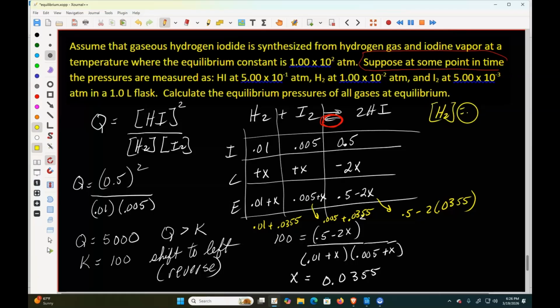The H2 concentration then will be 0.0455 atmospheres. I2 will be 0.0405 atmospheres. And my HI will be 0.429 atmospheres. Okay, and that will be my answers.